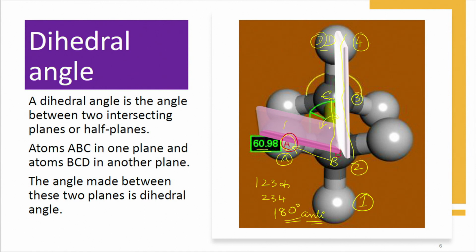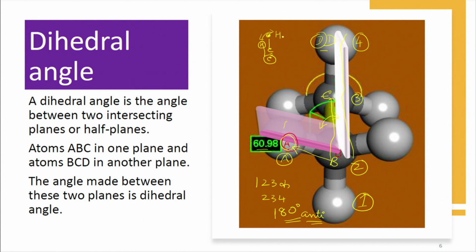When we talk about the eclipsed conformation, there is one atom at the back attached to the carbon atom. Let us say this is hydrogen, attached to the carbon. There is also another carbon atom in the front, which also has a hydrogen atom. If hydrogen and hydrogen are on the same side, we will have 2 types of plane.